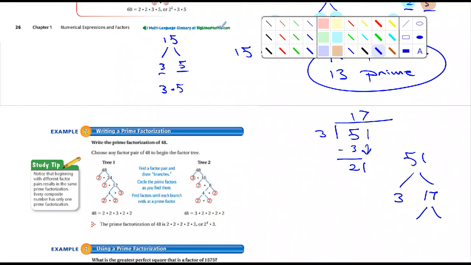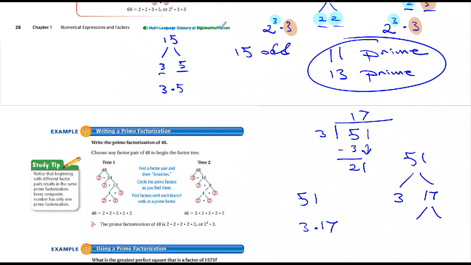Can't cut it in half. 2 doesn't work. 3 doesn't go into 17 evenly. 4 doesn't. 5 doesn't. So that's it. So 51, the prime factors are 3 times 17. Sometimes the prime factorization is just 2 numbers. But remember, it can't be 1 and itself. All right?